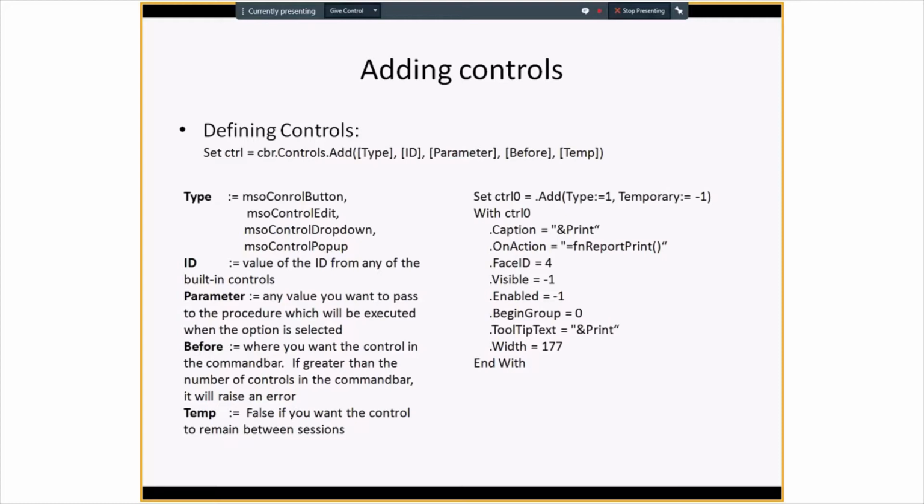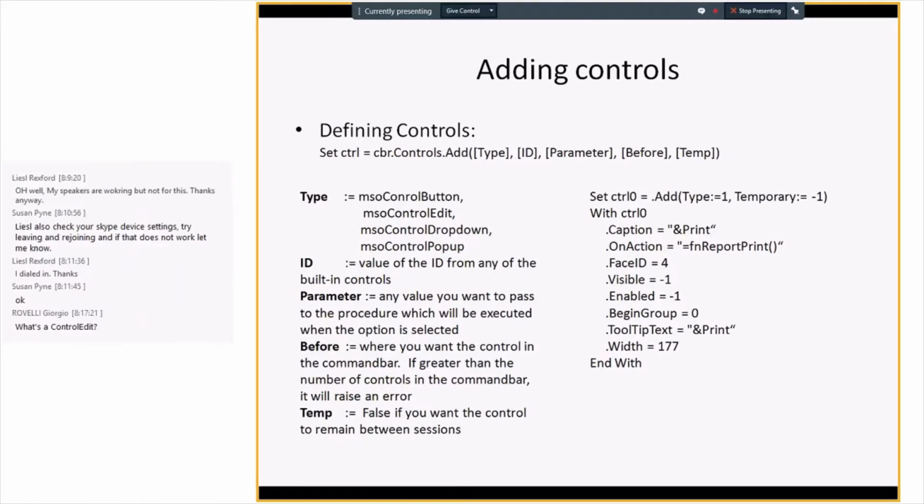The on action property of the control is the function or procedure that I want to call when I click on that button in the shortcut menu. The face ID is the image that I want to use. There are a huge number of face IDs available to use in Access.